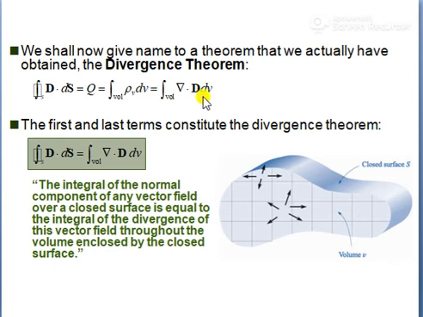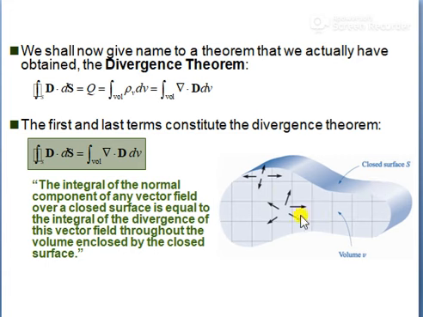So this is the divergence theorem, where the first and last terms constitute the divergence theorem. That is, the first term is equal to the last term. So this is a closed surface volume.